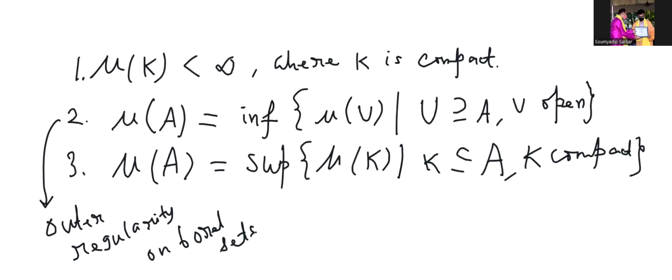So just remember this in a hierarchical way, that you have a topology, you have a notion of open subset, you can generate a sigma algebra using this open subset. That is a Borel sigma algebra. And the members of the Borel sigma algebra are called Borel sets. And on the Borel sets, you have outer regularity. So that means you can approximate the measure of each Borel set from outside using open sets.